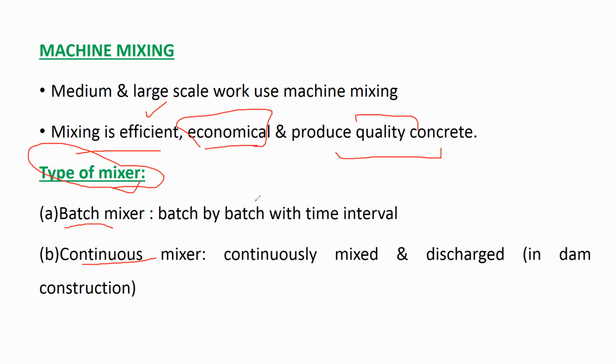You might have seen in any construction work, if there is a slab construction of a house, they will bring a concrete mixer. In the bucket they'll put one bag of cement and all other quantities, that is fine aggregate and coarse aggregate. That will be put into the rotating drum.